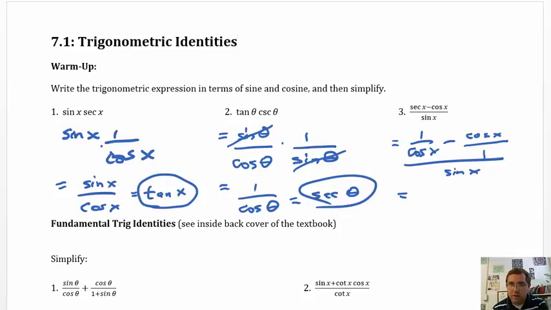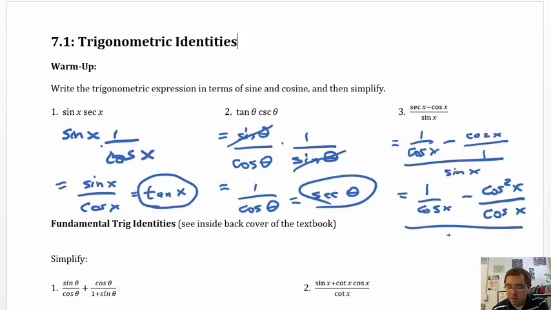The common denominator will have to be cosine of x. So the first fraction won't change. The second fraction will become cosine squared x over cosine x, because I will have to multiply the top and the bottom of that by cosine of x to get a common denominator of the cosine of x.